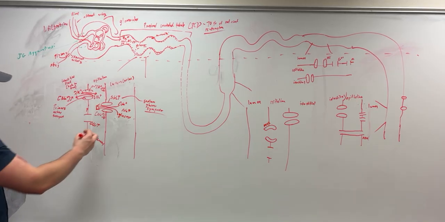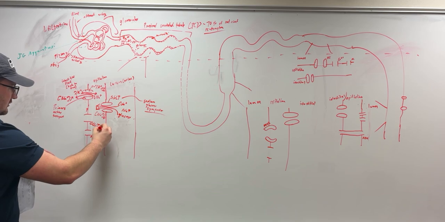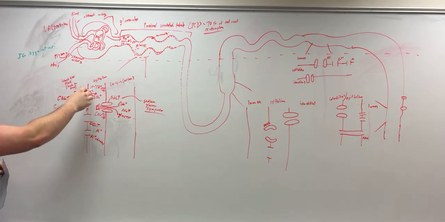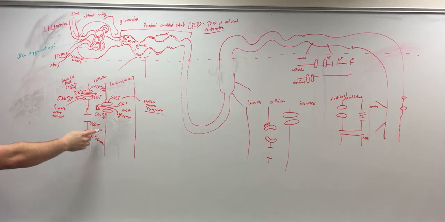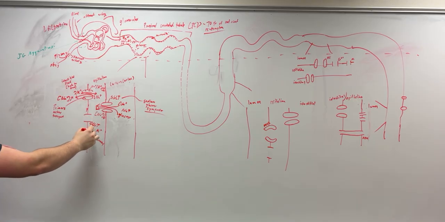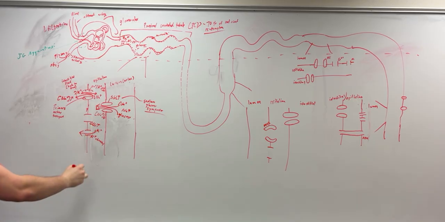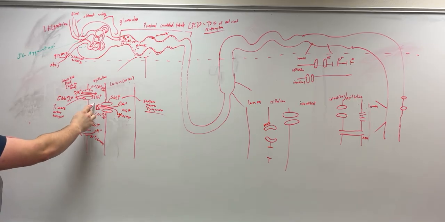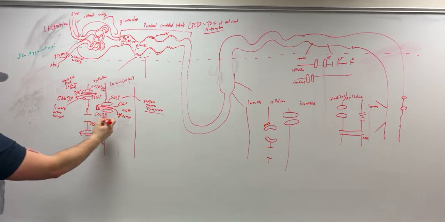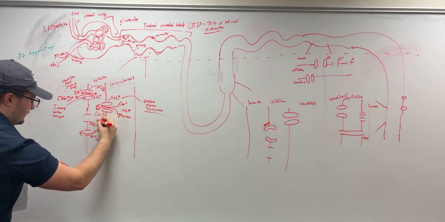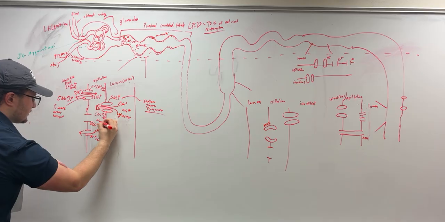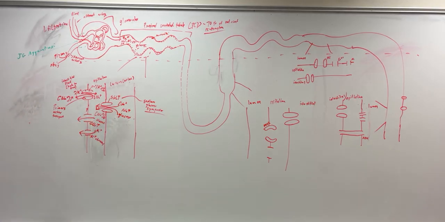The K+ channel allows potassium, which now has a high concentration in the epithelium because of this pump, to just kind of leave on its own, and the glucose that we've pumped into the epithelium space can now move out through these GLUT transporters. And so that's it for the proximal convoluted tubule.